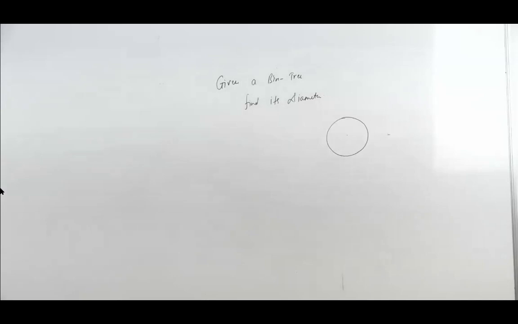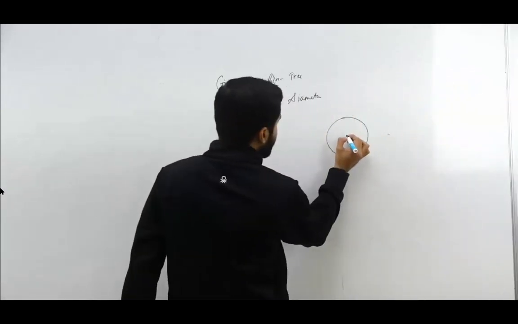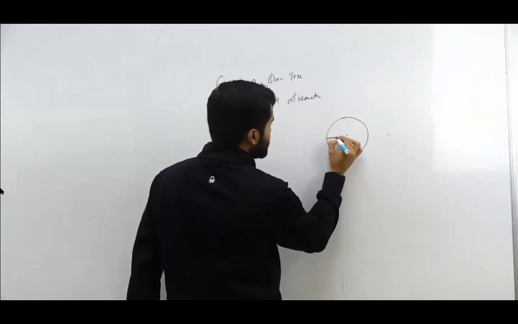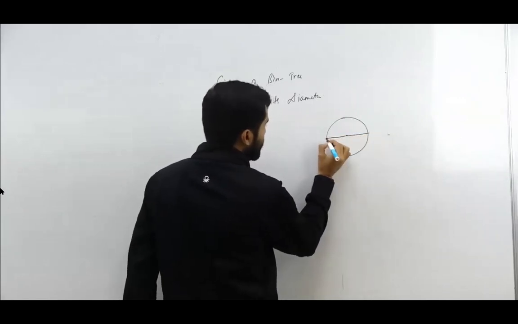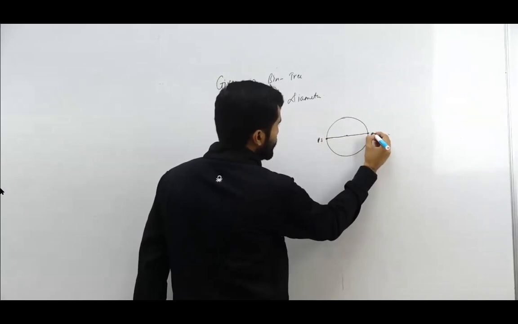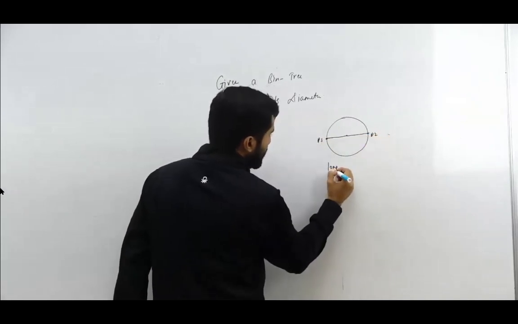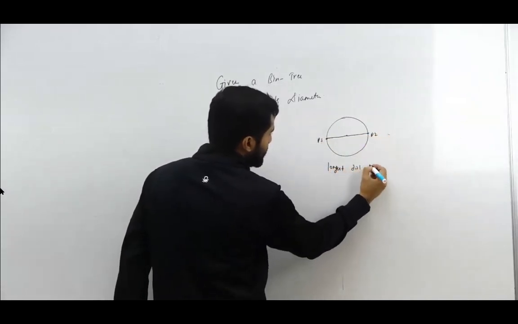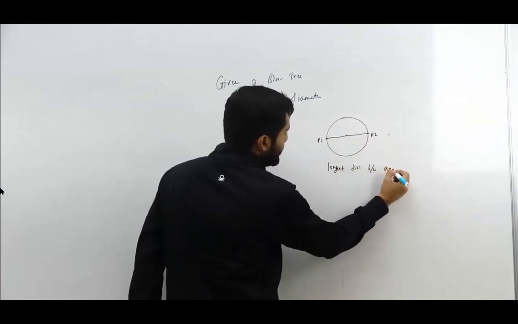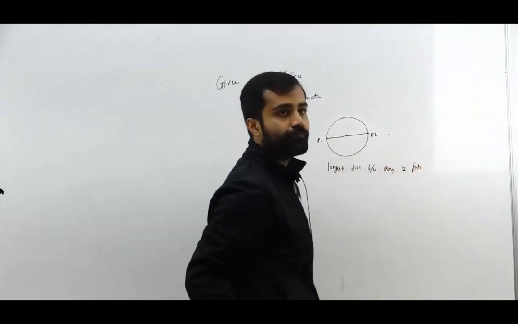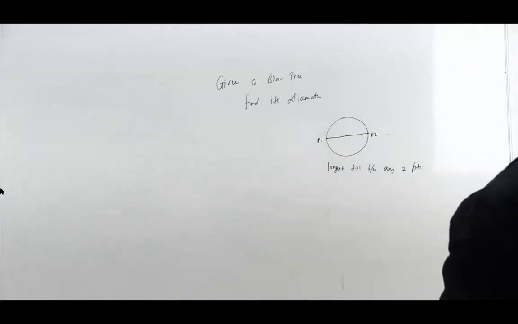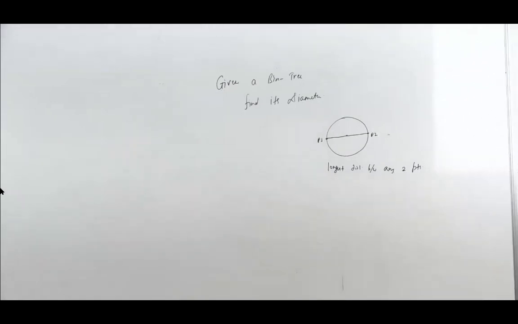Can I say the diameter of a circle is, if I call this point 1 and this point 2, the longest distance between any 2 points? Can I define it in layman language like that? Yes or no?